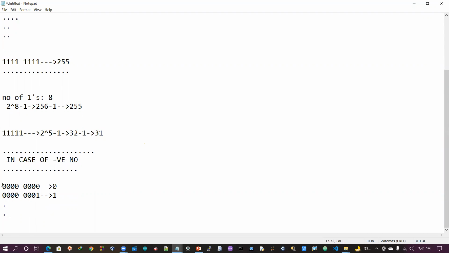Now see here, in this case, you have only 7-bit data. Remember, that is the main point. You have only 7-bit data, a 7-bit memory box to store the data.